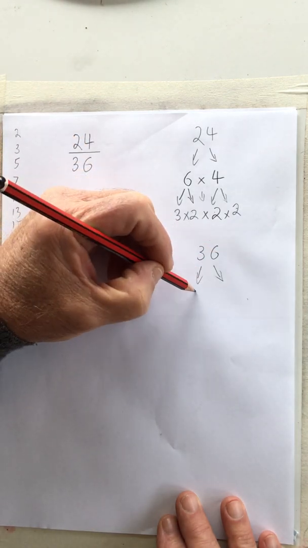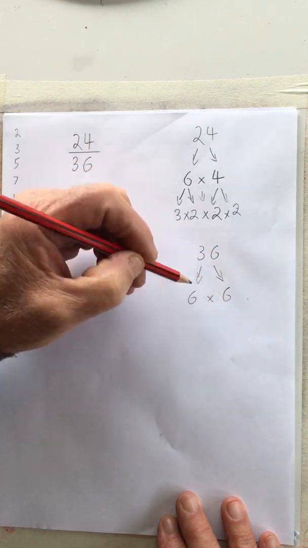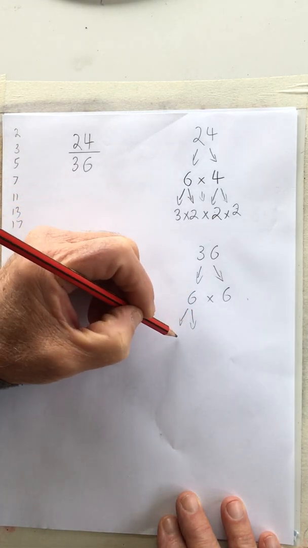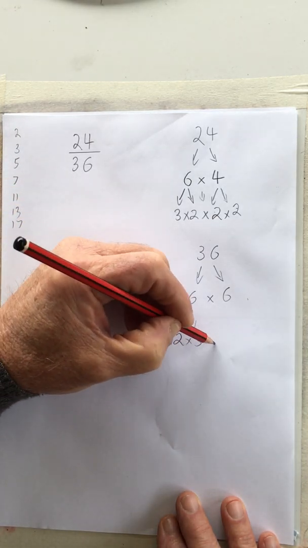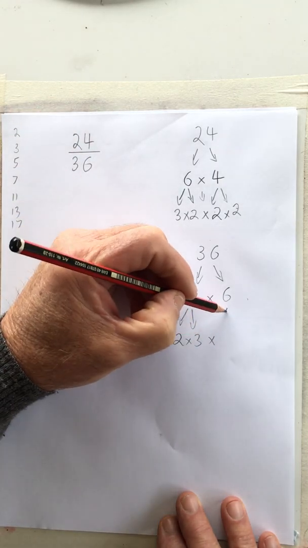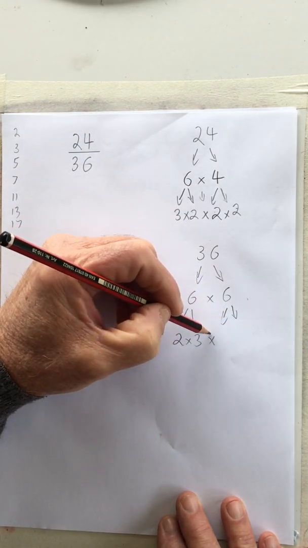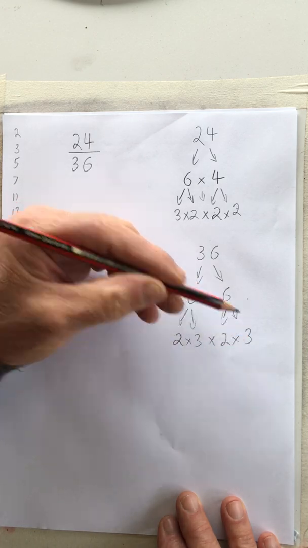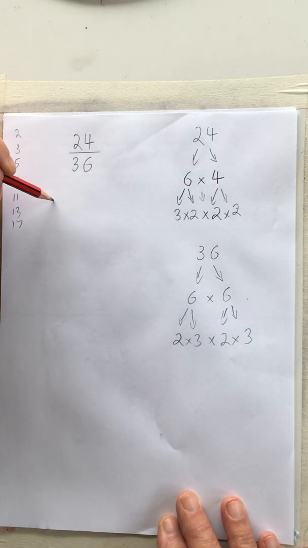Because I'm lazy, I'll start with 6 times 6, because I'm very lazy today. Not prime, not in my prime number section. 2 times 3 is 6. And you'll learn these as you go through. And of course 6 again, multiplication, 2 times 3. So it's 2 times 3 times 2 times 3. So that means I can rewrite this.